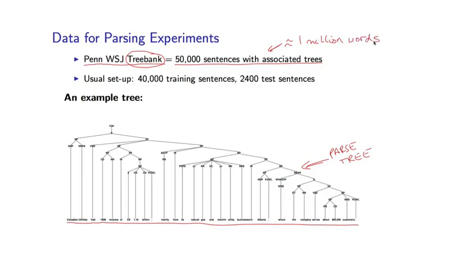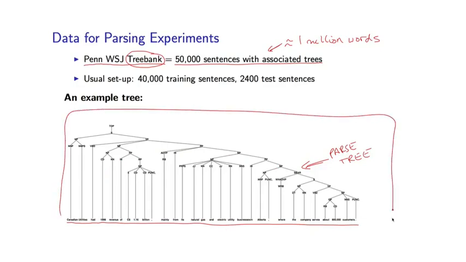Humans have gone through sentence by sentence. They have an understanding of the underlying linguistic theory, and they have annotated these full parse structures for each of these sentences. Now that clearly is a very laborious task, but the net result is that we do have a large amount of training data from which we can train a supervised learning model.